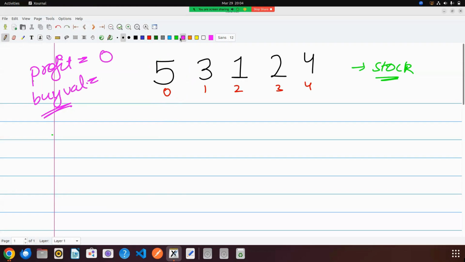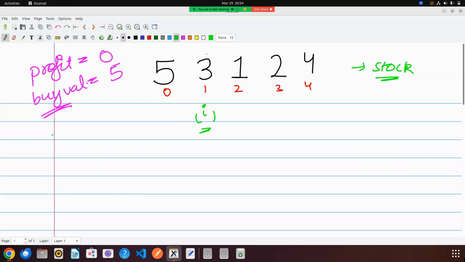Okay, so the default value is 5. Now let's create a pointer I, which is pointing on the first index, because from here I can start selling. I cannot start selling from here, right? Okay, so my I is pointing at 1.